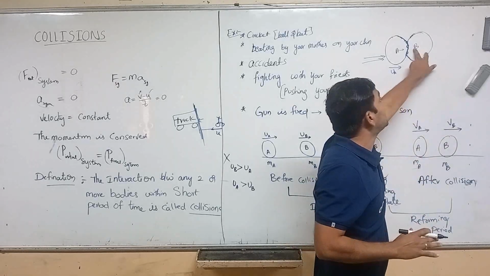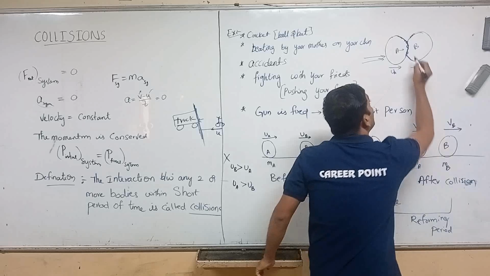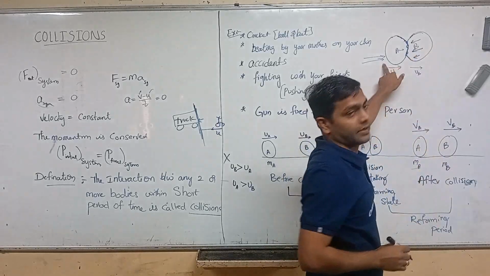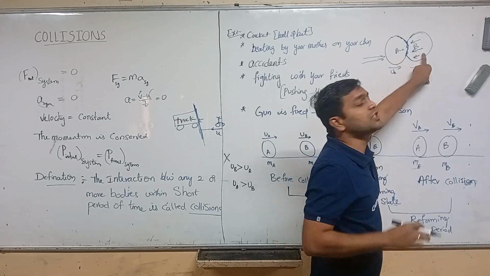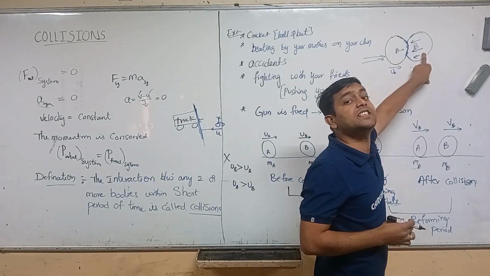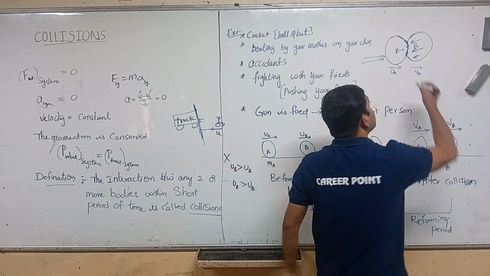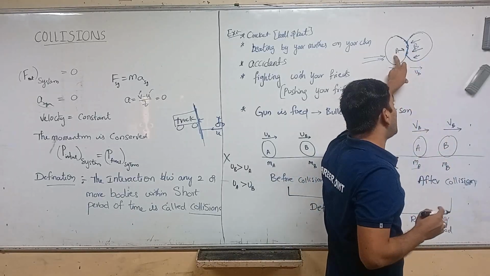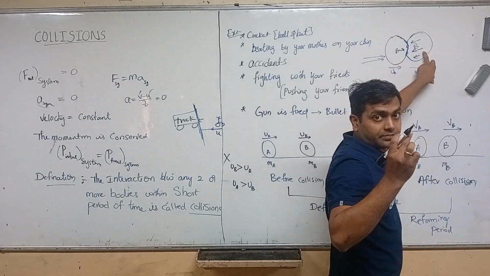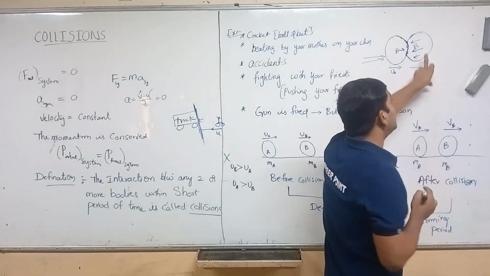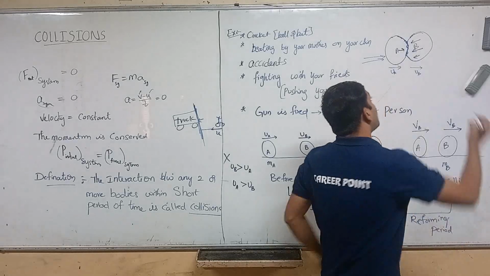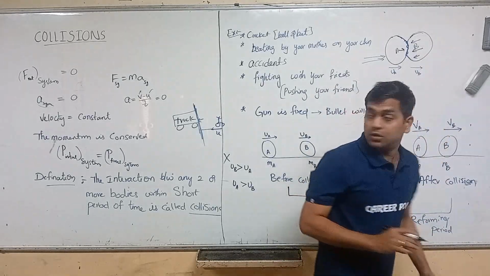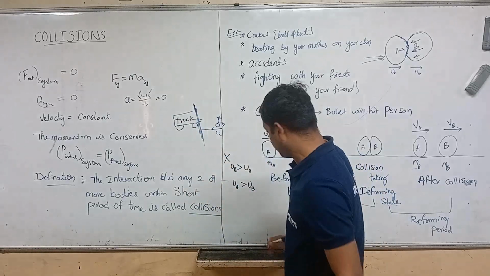And the force of deformation is opposite to this A. The force is coming, right? Restoring force. Let us take the restoring force. If we give some velocity to this object, then the restoring force of B is coming towards this direction, right? Okay, so let us draw here.